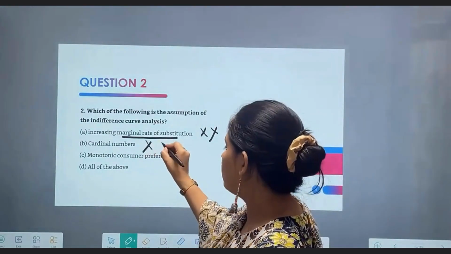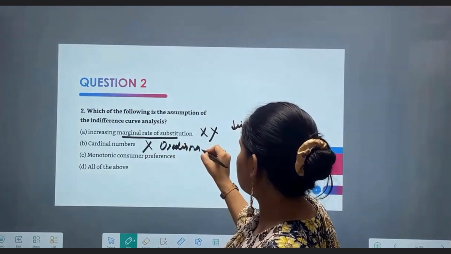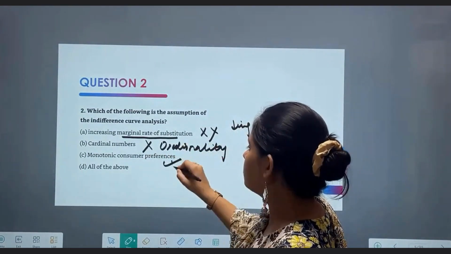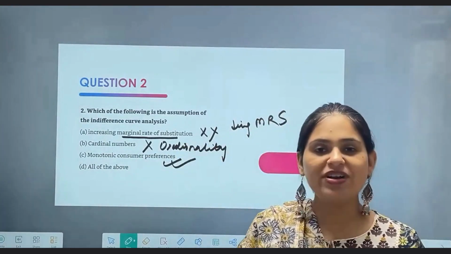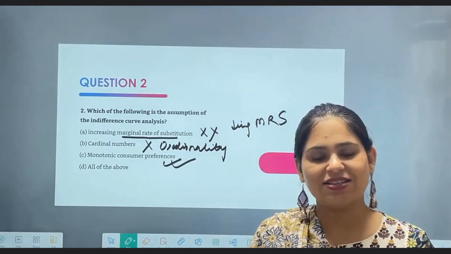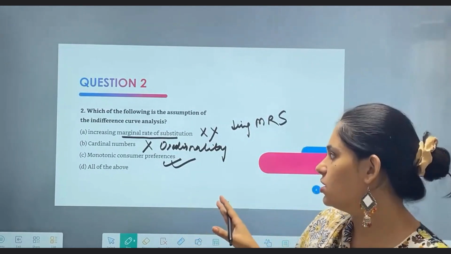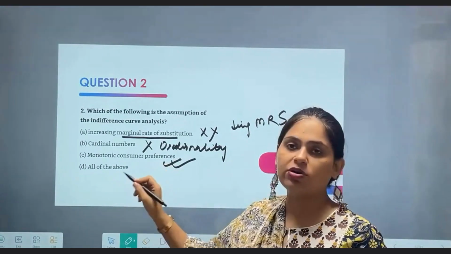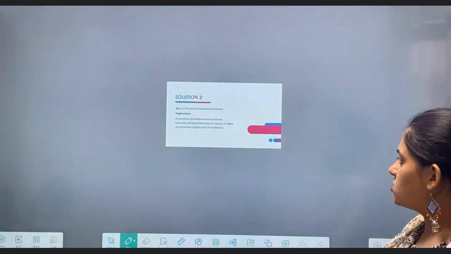So no, we want ordinality. So the correct answer is monotonic preferences. A lot of times, the moment you see all of those, I don't know why, it's a click that people will just mark all of these. That's not correct in this case. So the right answer is monotonic consumer preferences. Come to the next question.